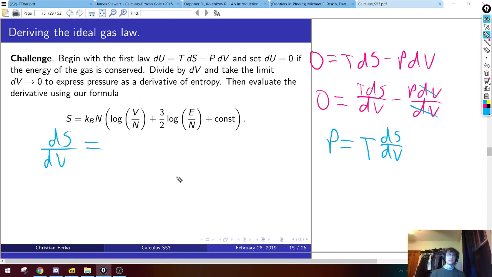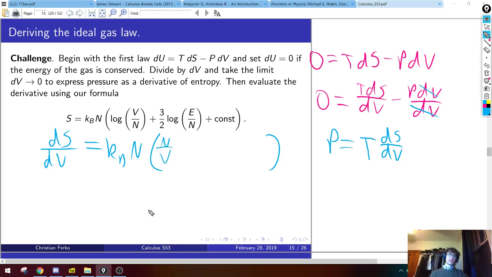So dS/dV, okay. Well, k_B and begin brackets, begin parentheses, N over V plus 0 plus 0. Wait, do this again. The derivative of log is 1 over the thing, so that was N over V, but then times the derivative of the inside.